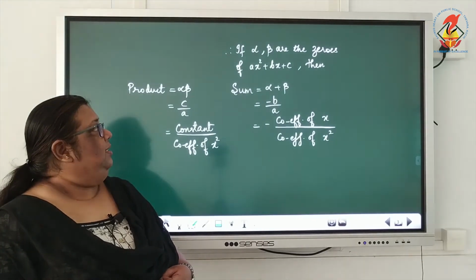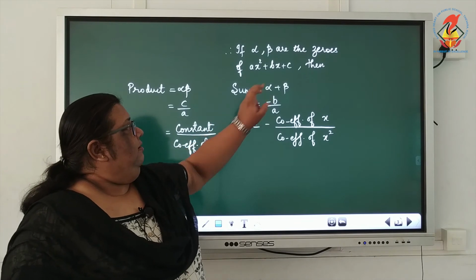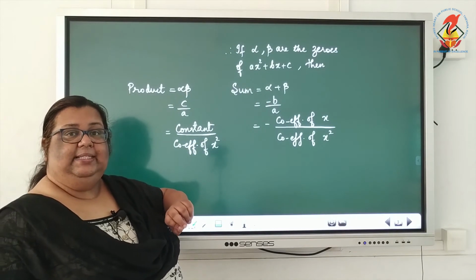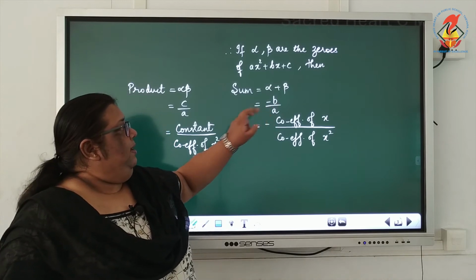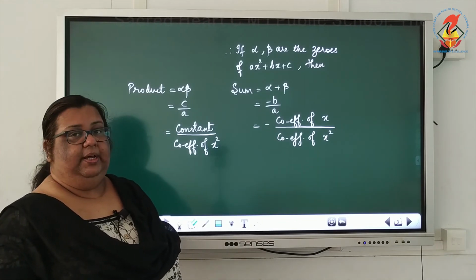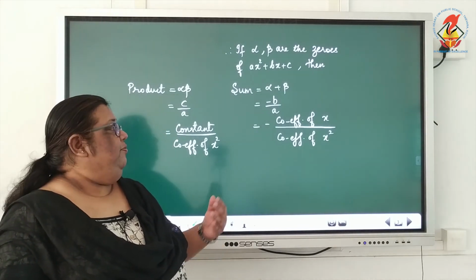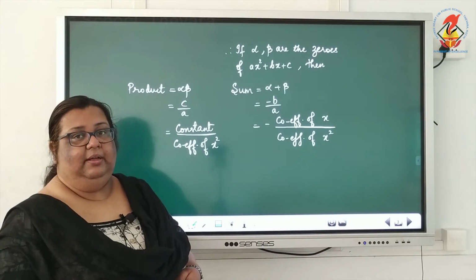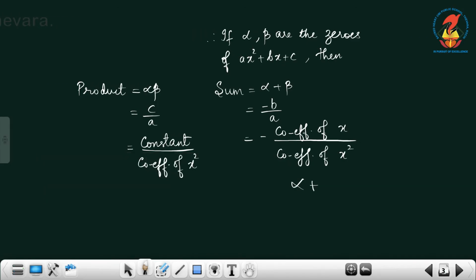Then, if alpha and beta are the zeros of ax square plus bx plus c, then the sum of the zeros, alpha plus beta, is the same as minus b by a, which is equal to minus of coefficient of x by coefficient of x square.